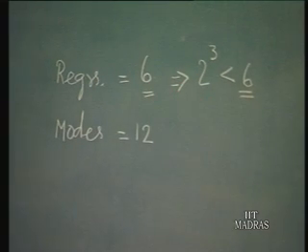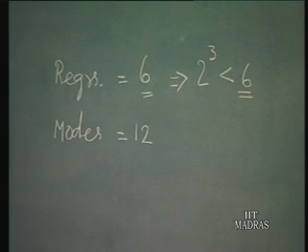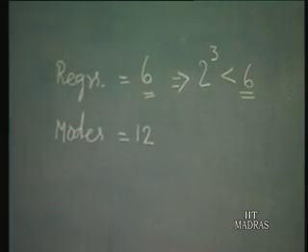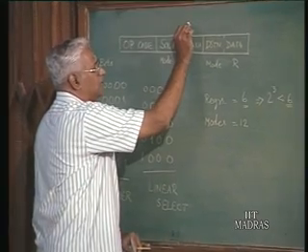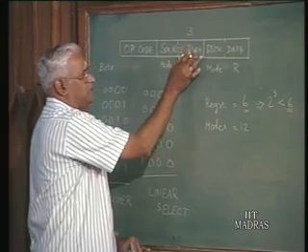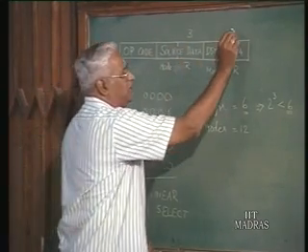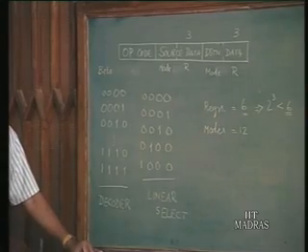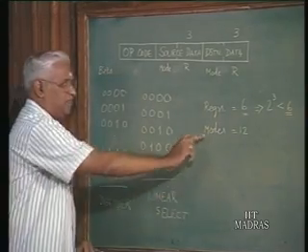This implies that you need a 3 bit code. So, now we have got that this register part of the field will be 3 bits in size. Agreed?